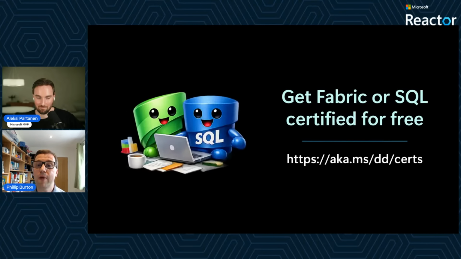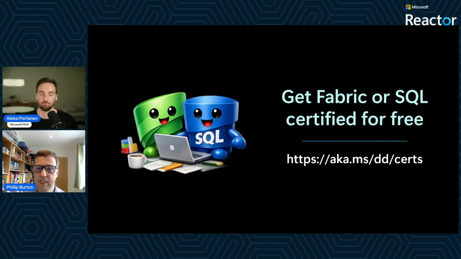So just a reminder that you can enter the exams for free, and typically to enter an exam would cost $100, $150 US. So free, great price. The voucher you can get is for the DP-600 Fabric Analytics Engineer Associate, the DP-700 Fabric Data Engineer Associate, or the new DP-800 SQL AI Developer Associate exams.